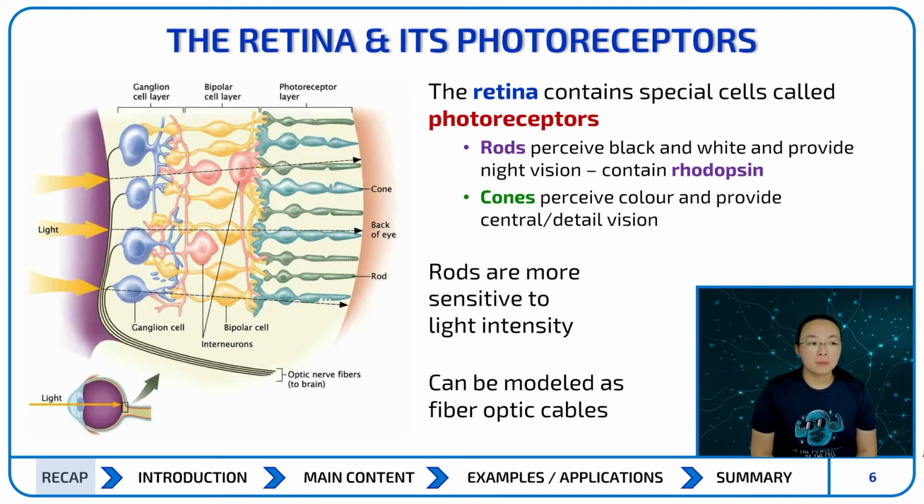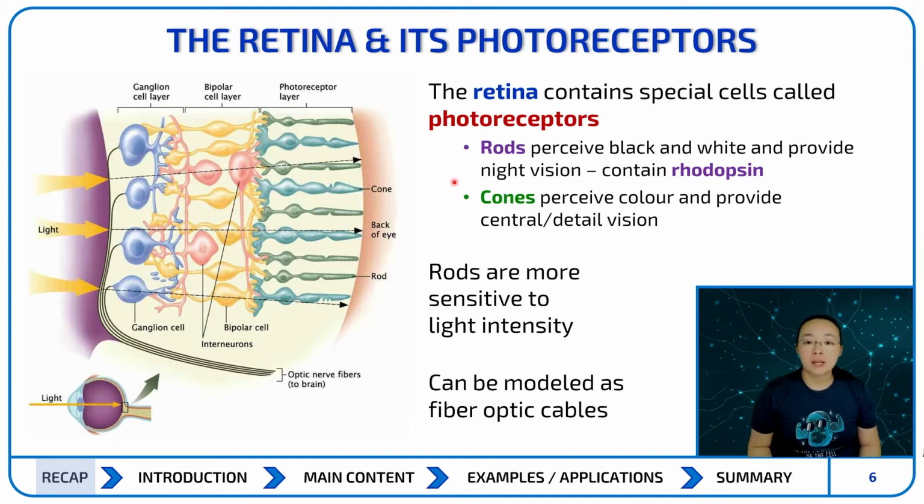So the important part isn't really to understand the exact anatomy of this, it's to understand that the retina contains special cells called photoreceptors. Rods govern your perception of black and white images, so they contain something called rhodopsin.